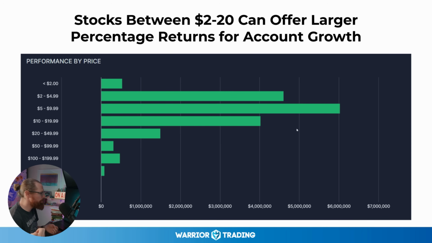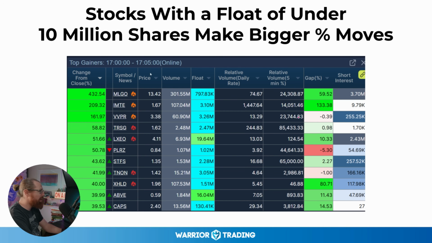The stock can go the direction you wanted, and you can lose money because of time decay or because of volatility decay. And so while some traders may get into options, what I've always found to be more consistent for small account growth is trading outright stock on lower priced securities. So between 2 and 20 is really the sweet spot. And no doubt for the next small account challenge, I'll be focusing in this area.